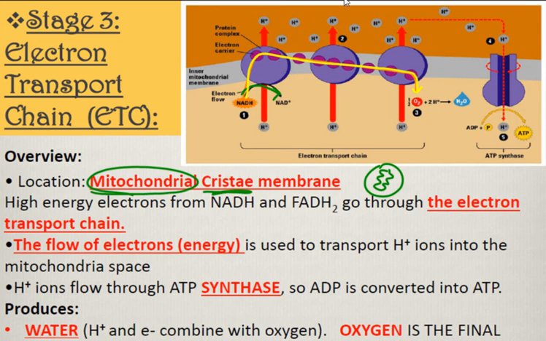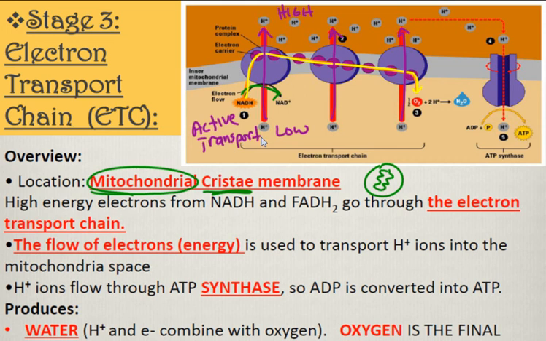What it is going to power is the movement of hydrogen ions across, or should we say against the gradient. We have a low concentration here and a high concentration here, so we need energy for active transport.